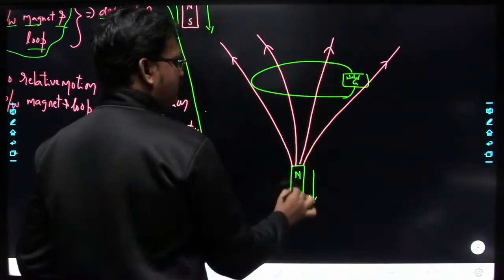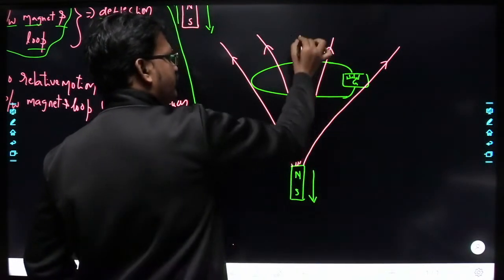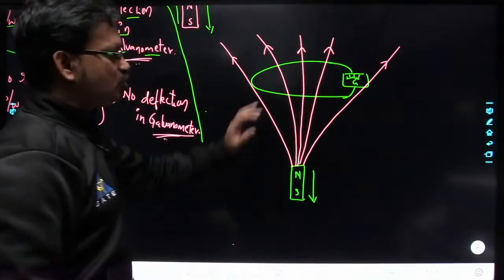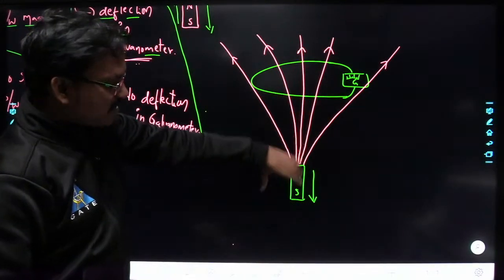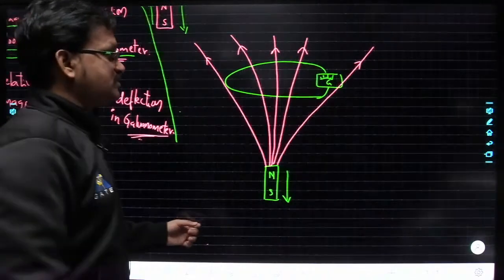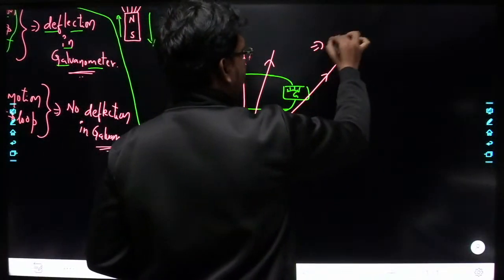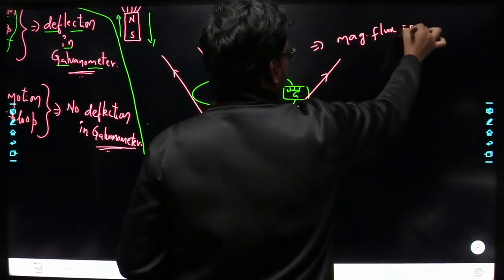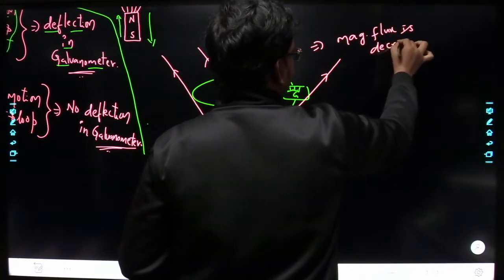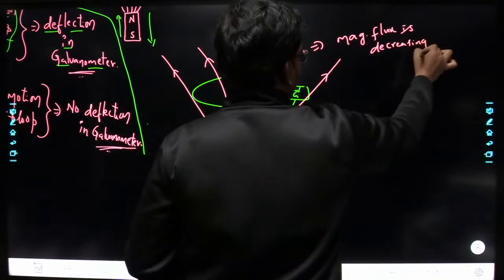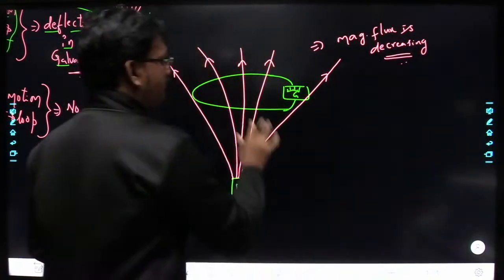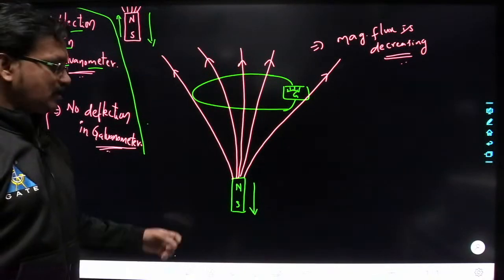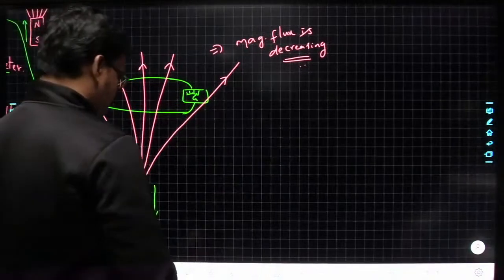The number of field lines that are penetrating through the loop are going to decrease as the magnet moves away from the loop. So in this case, what is happening here? Magnetic flux is decreasing. Yes or no? Magnetic flux through the loop is decreasing. Understood?